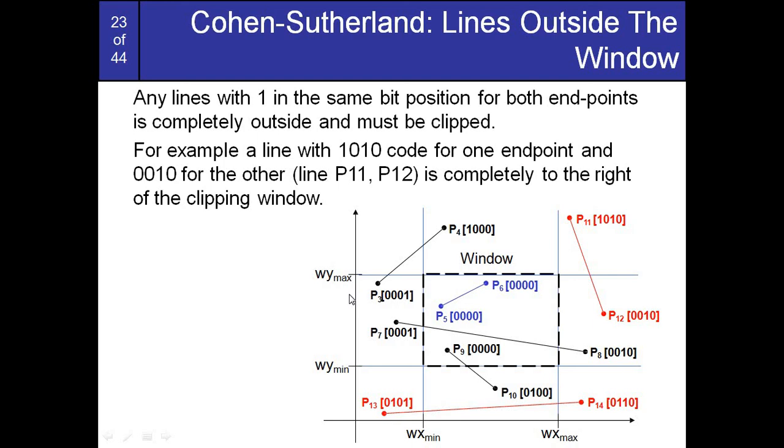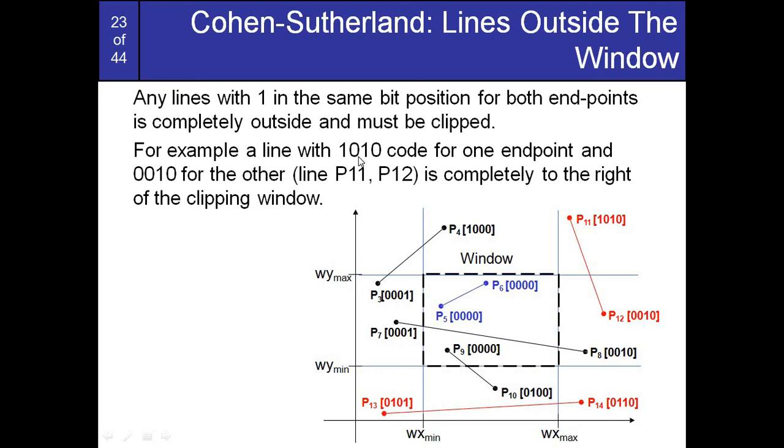Any line with 1 in the same bit position for both endpoints is completely outside and must be clipped. For example, a line with code 1010 for one endpoint and 0010 for the other is completely to the right of the clipping window.